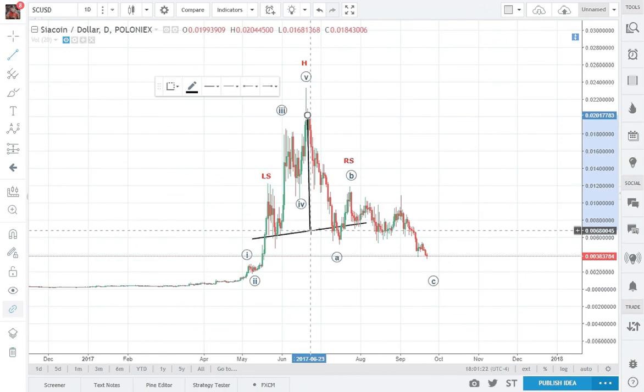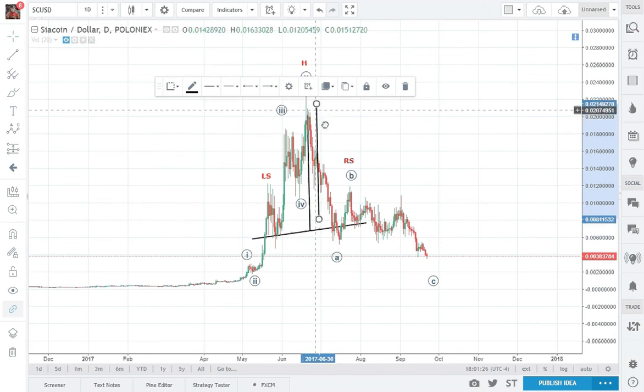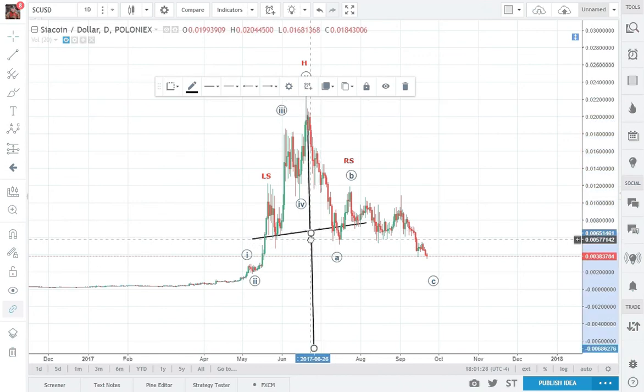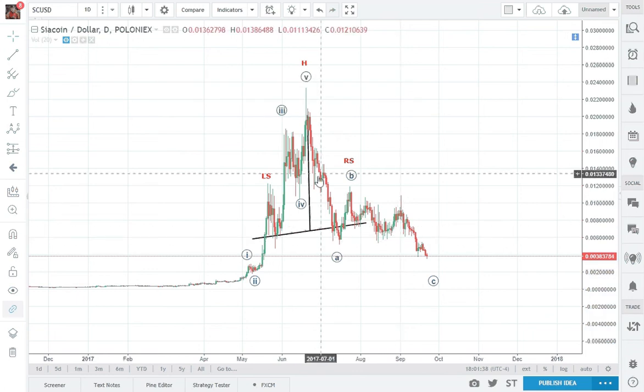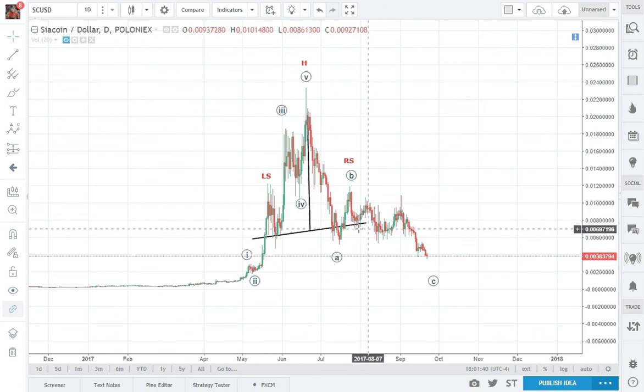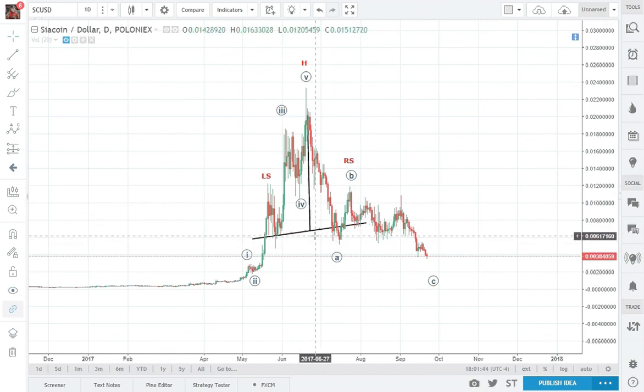Calculate the minimum trajectory of this, and you're going to need 0. It doesn't mean it will go to 0 in this case. It means that the gravity of this pattern, the bearish gravity, is that serious.